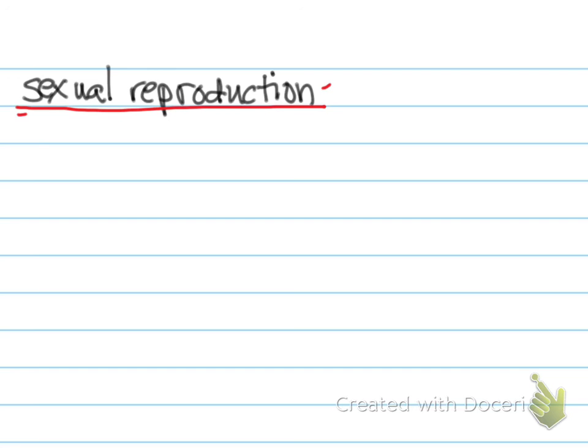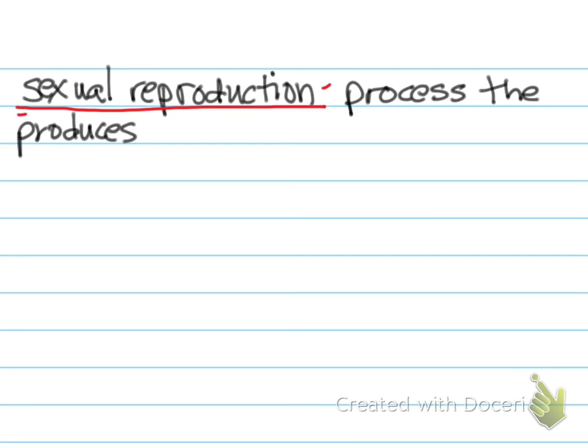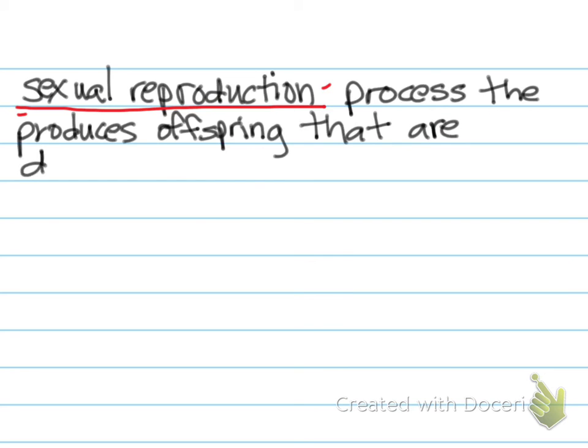Sexual reproduction, as a definition, I'm going to underline it, is the process that produces offspring, which are children or a child, that are different from either parent.